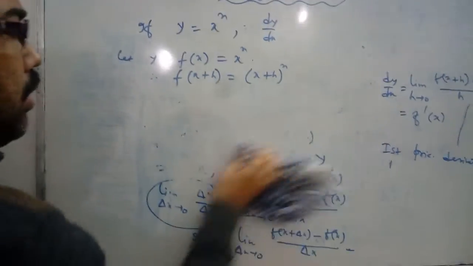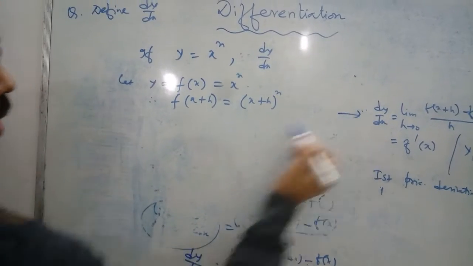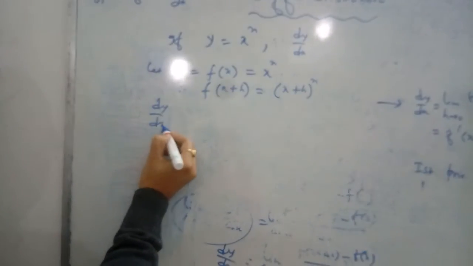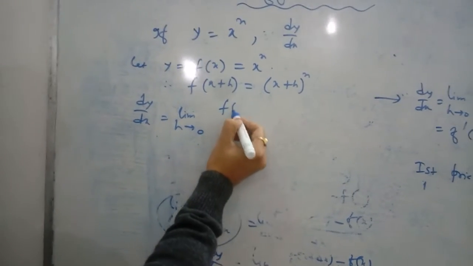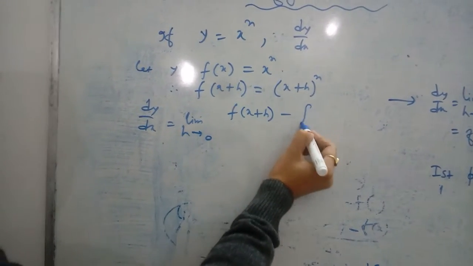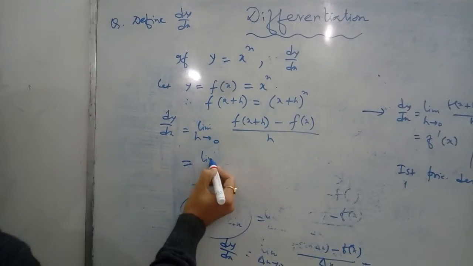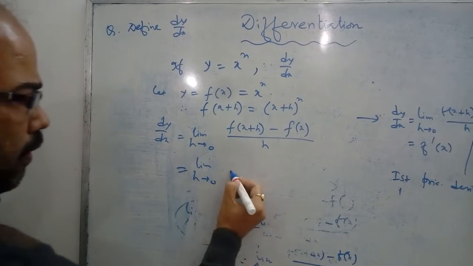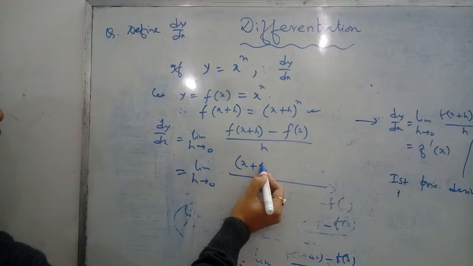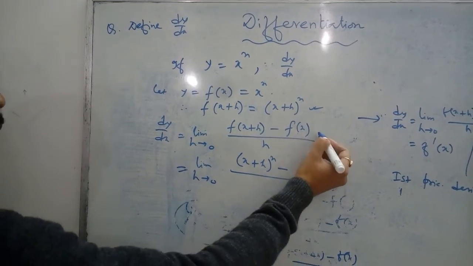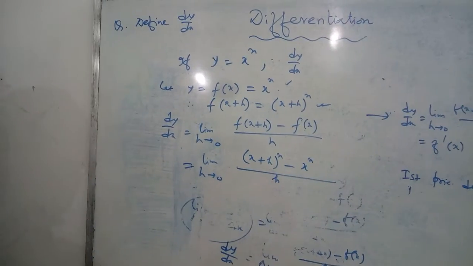From the definition, dy/dx is equal to the limit as h tends to 0 of f of x plus h minus f of x, whole divided by h. So f of x plus h is x plus h whole to the power n, minus f of x, which is x to the power n, divided by h.